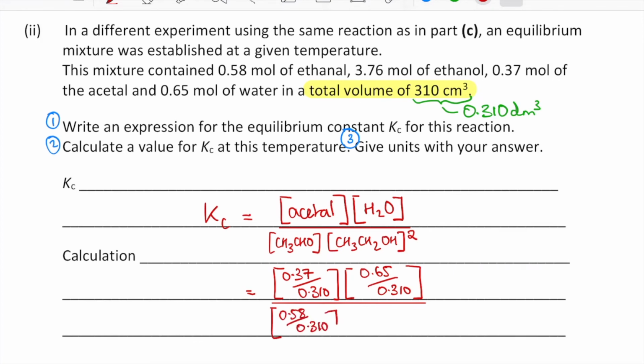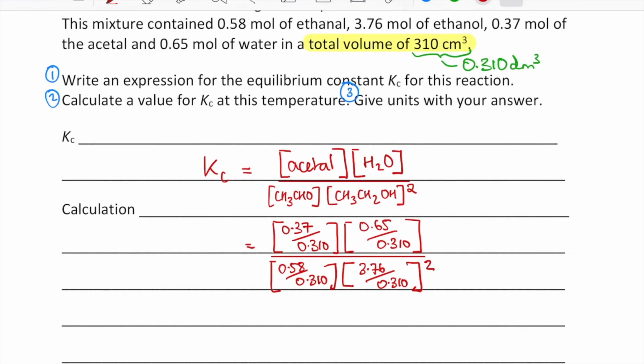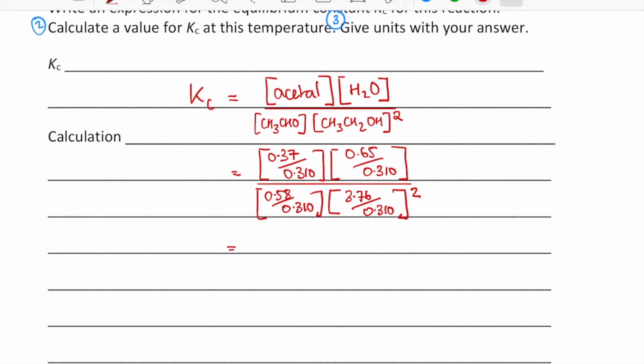And then last but not least, ethanol, 3.76 divided by 0.310 squared. Okay. And then that gives us a value of 9.1 times 10 to the minus 3.